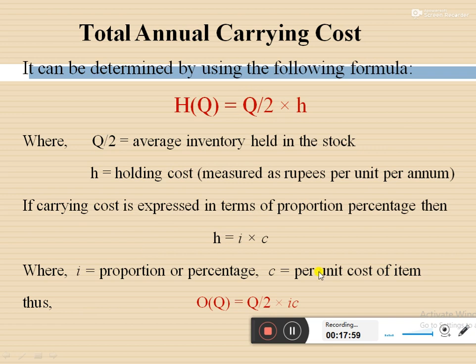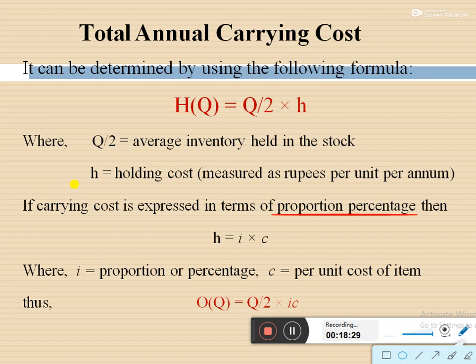Sometimes the carrying cost is expressed in terms of proportion or percentage. Suppose the cost of a unit of product is equal to 10 rupees and the carrying cost is equal to 10% of the cost.